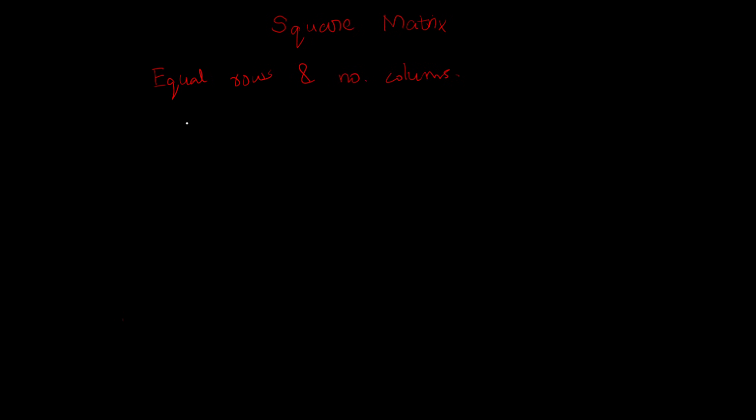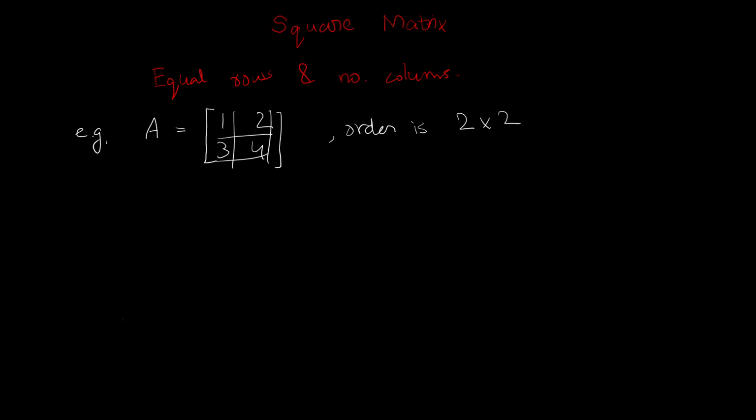For example, matrix A, since it has two rows and two columns, the order is 2 cross 2 or 2 by 2.